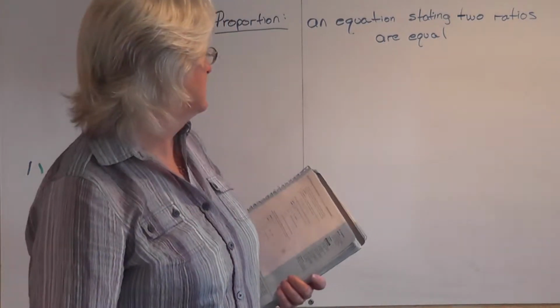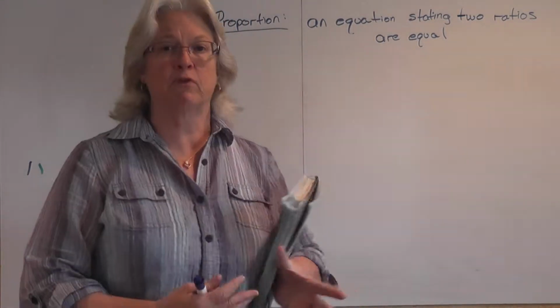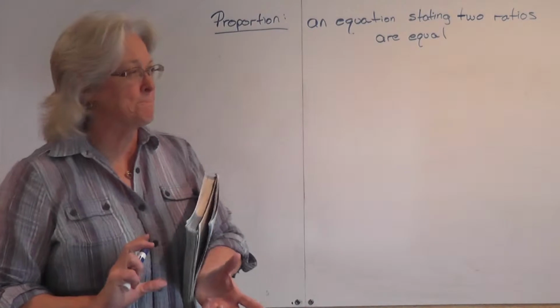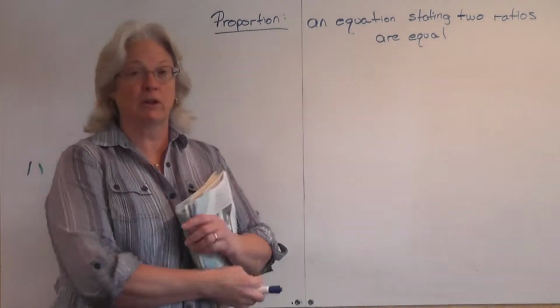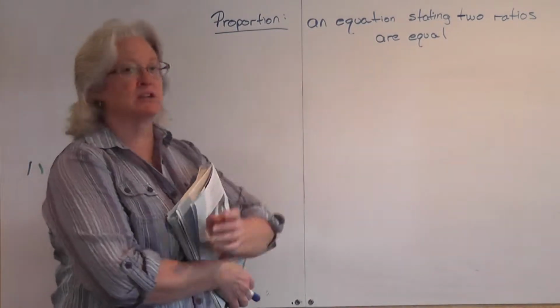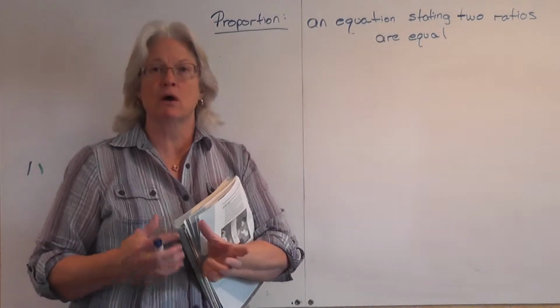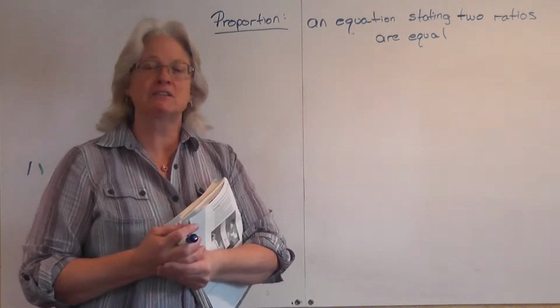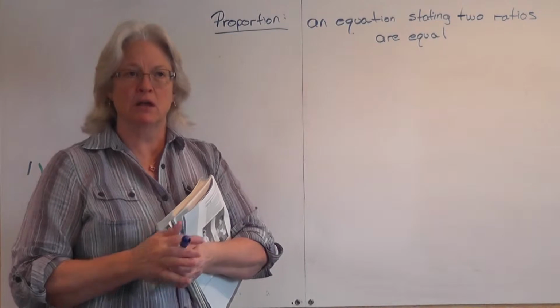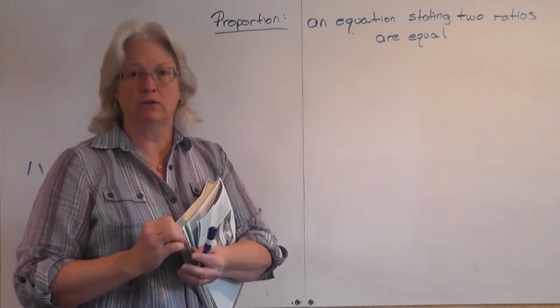Proportion is a very straightforward concept that we're dealing with, and it's simply an equation that states that two separate ratios are equal. And we learned in our last video that all a ratio is, is a comparison between two numbers.